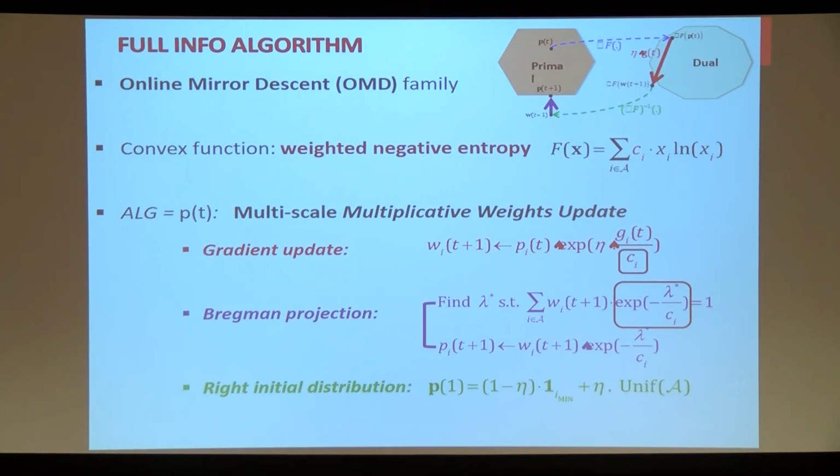For the bandit information, we use the bandit version of online mirror descent, called stochastic online mirror descent, which I'm not going to go through in detail. By the way, the intuition for why we use this initial distribution is that we try to explore the small range arms at the beginning and then move to the bigger ranges later. And this is going to help us with that.